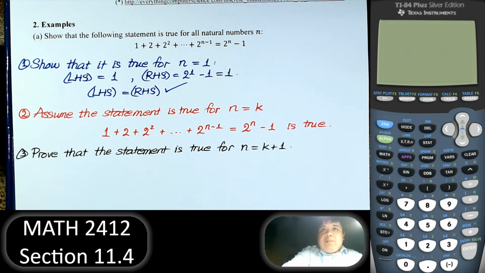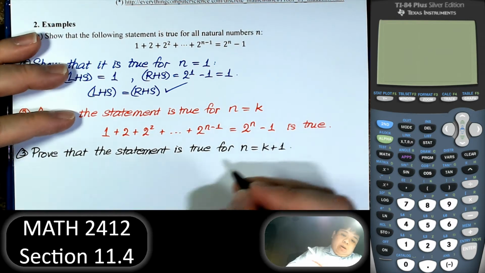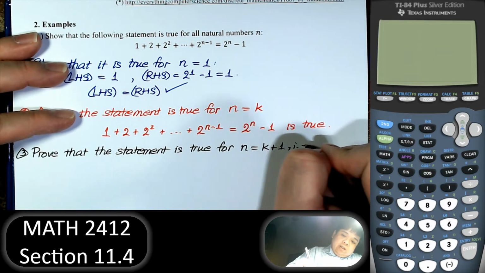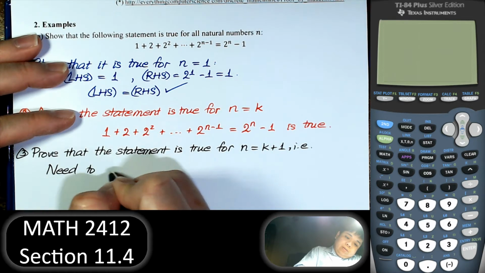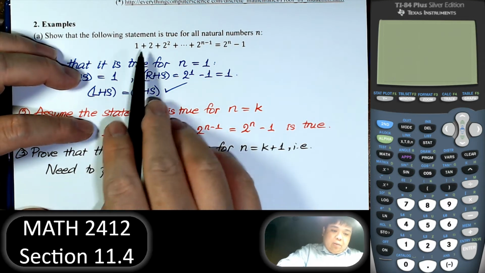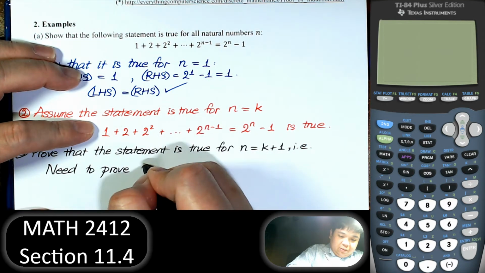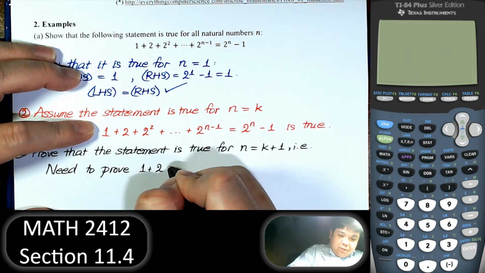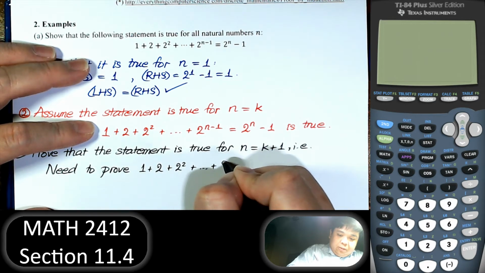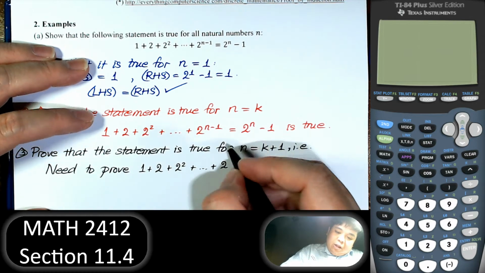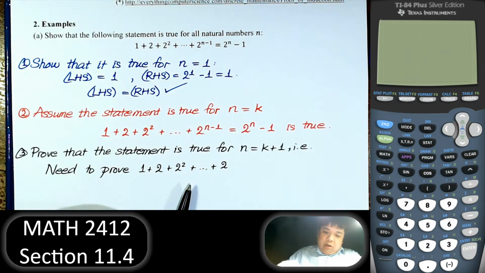But what is the statement at k plus 1? Meaning that we need to prove, I'm going to write this. Up to this point, sorry, this should be k.